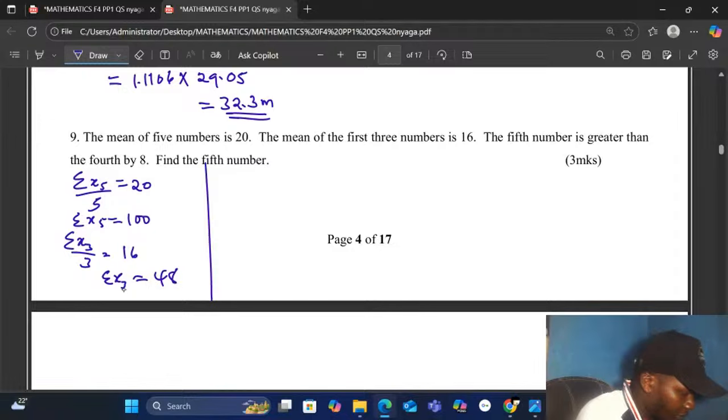So we have the first three numbers and the five numbers. Therefore, we can take 100 minus 48.